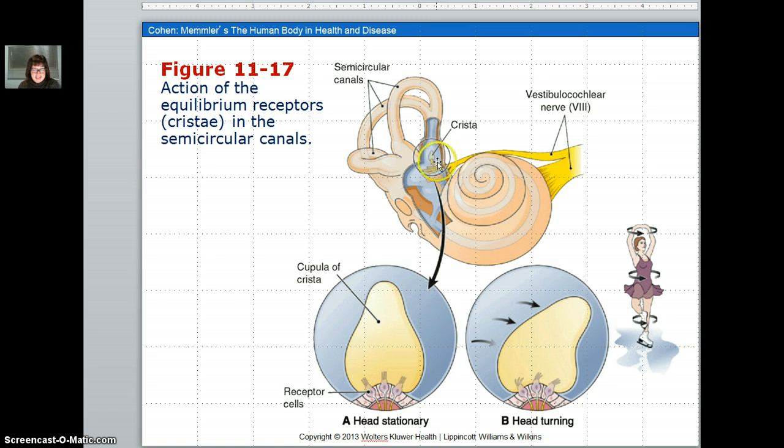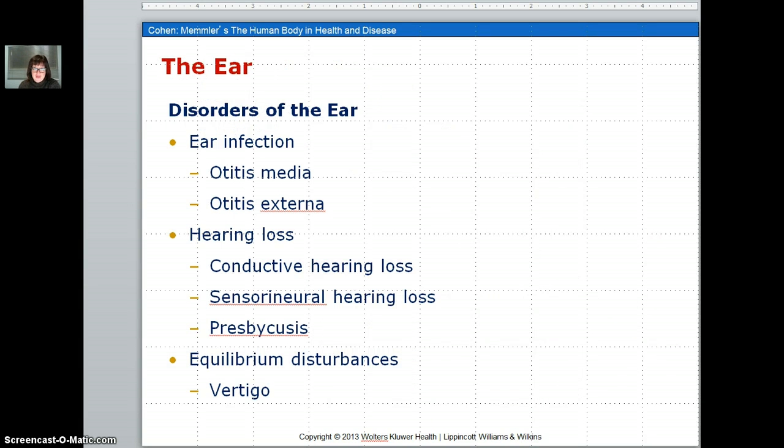As you bend your cristae will then send messages. Now, a way to get dizzy is when you stop moving, your fluid in your semicircular canals may still be moving, and that's how you can get dizzy or how you can get vertigo. And that is how the ear works.